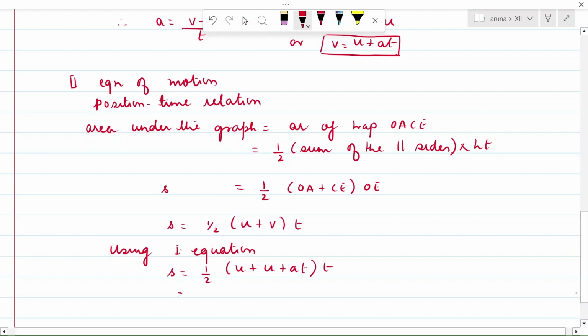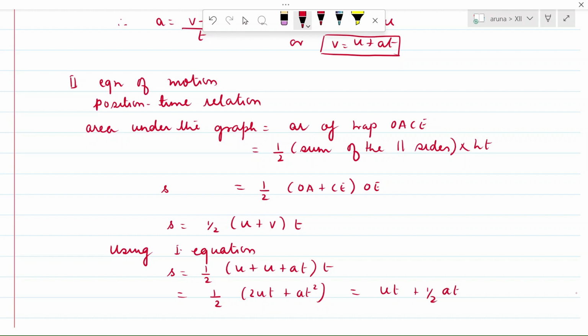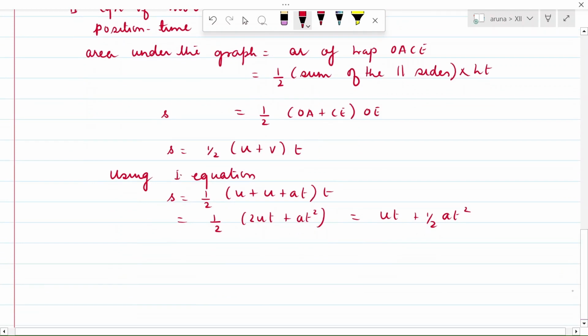Open the bracket. It becomes half 2ut plus at square, which will be ut plus half at square. This 2 cancels with 2 for the first term only. Therefore, you arrive at the second equation, s equals ut plus half at square.